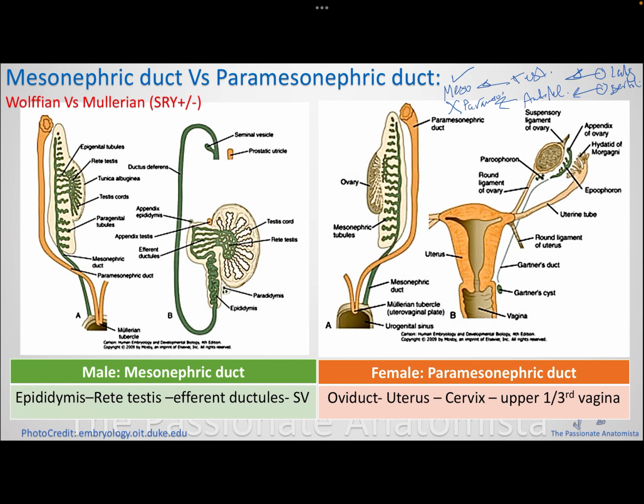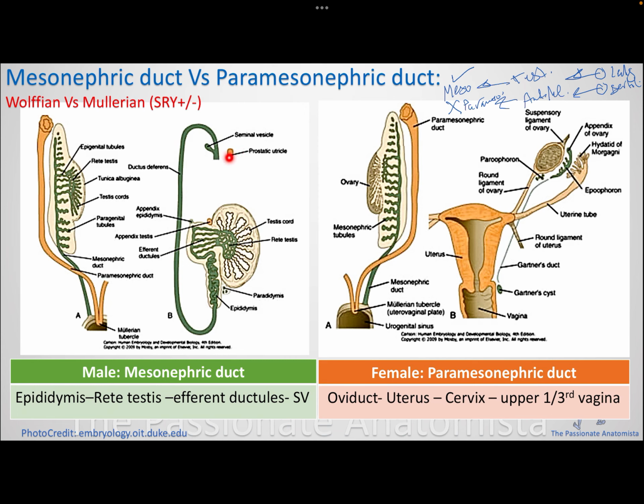Testosterone is going to activate proliferation of the mesonephric duct to give me the male tubular system, the whole male tubular system. And it will stimulate the Sertoli to give me anti-Mullerian hormone that is going to cause the paramesonephric duct to regress, and regression of it is going to give me, at the end, the prostatic utricle.